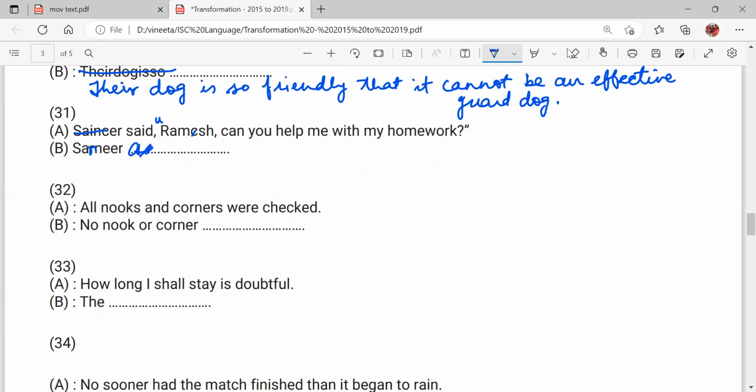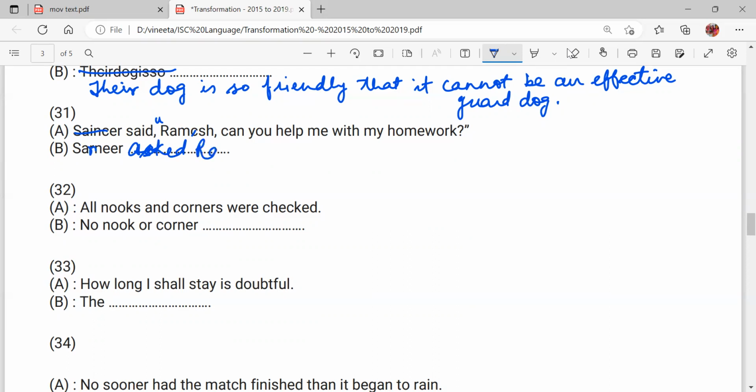asked Ramesh, sorry. First, we have to see what kind of sentence is there inside the inverted commas, means in the direct speech. It is a question. Can you help me? And what kind of question? It is a question which can be answered in yes or no, because it is beginning with helping verb, right? So, how are we going to change it?